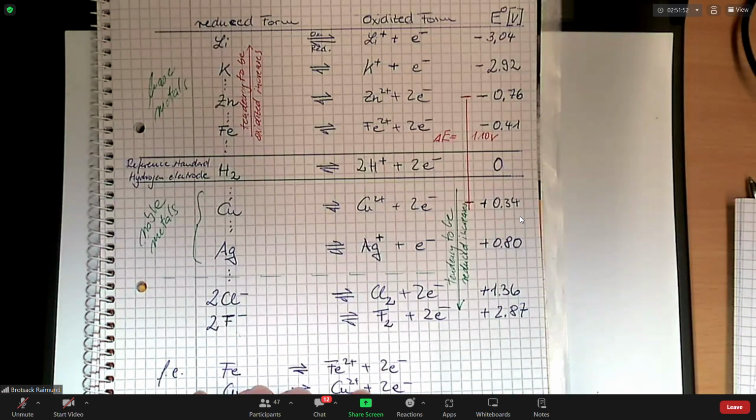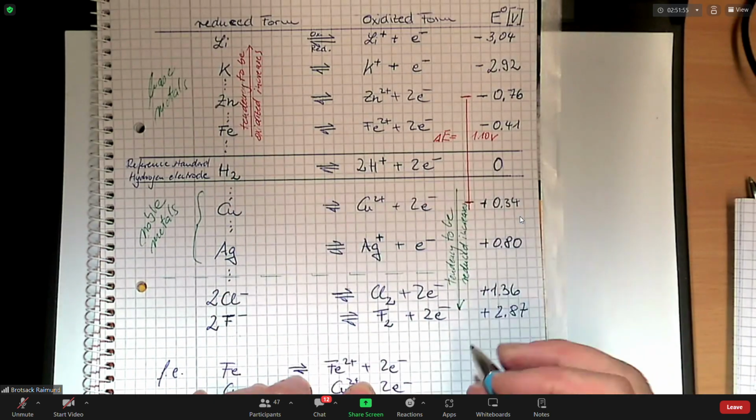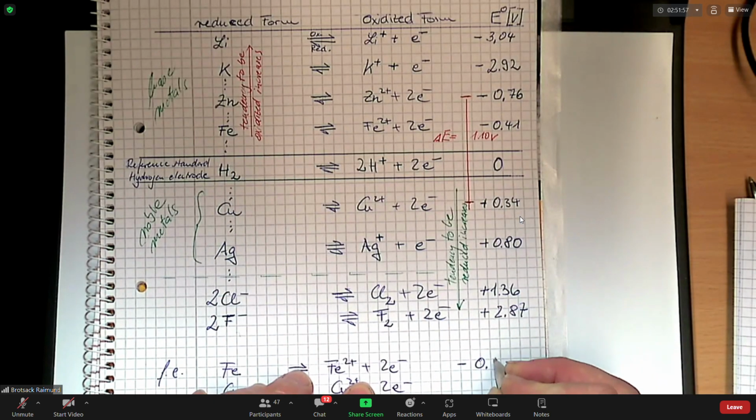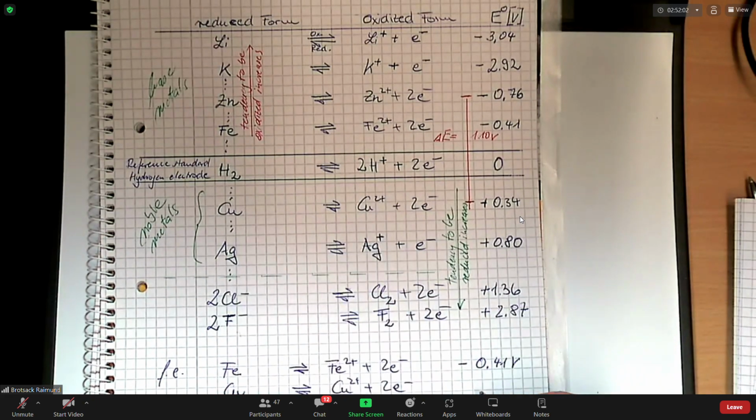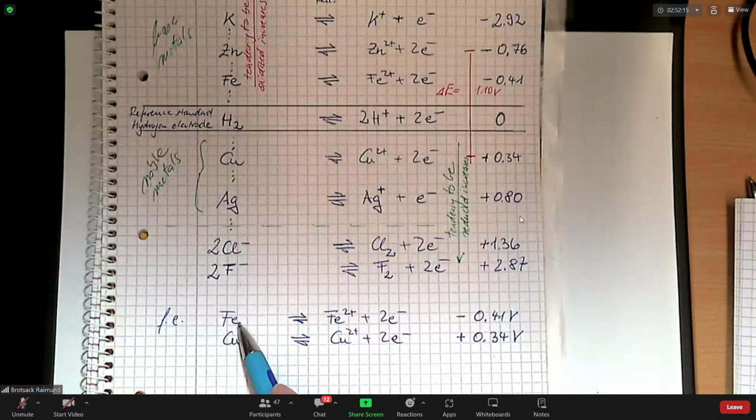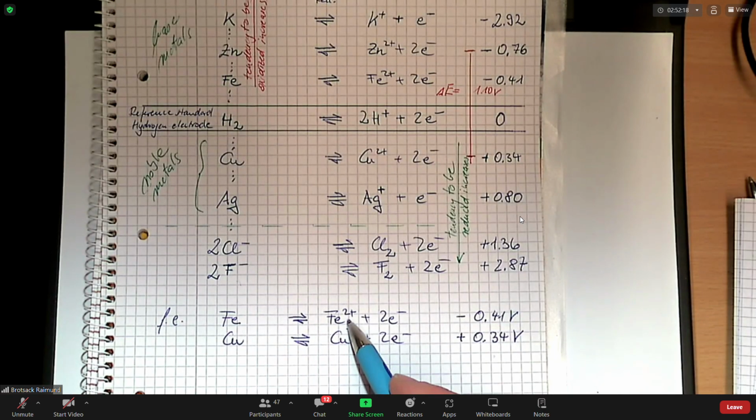The redox potential of iron is minus 0.41 volt. And the redox potential of copper is plus 0.34 volt. Now, what are you expecting will happen? Will iron be oxidized, or will copper be oxidized more easily when we have a mixture of iron and iron 2 plus, copper and copper 2 plus? What will happen?